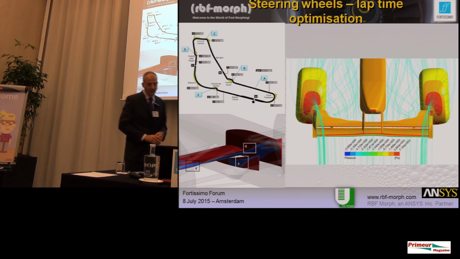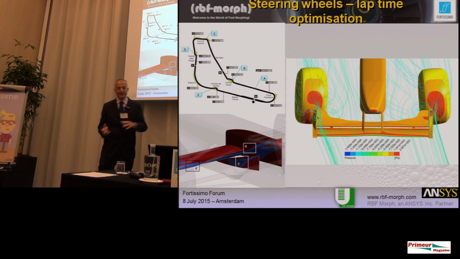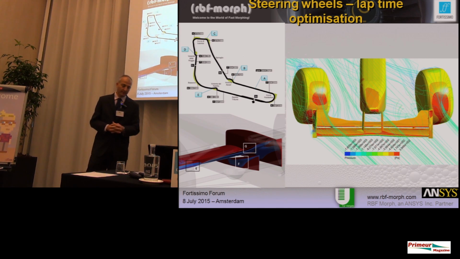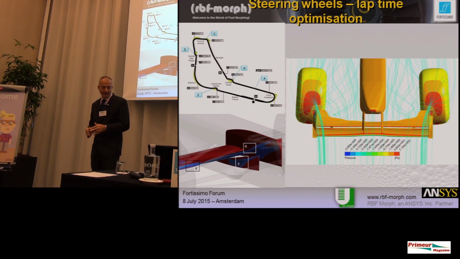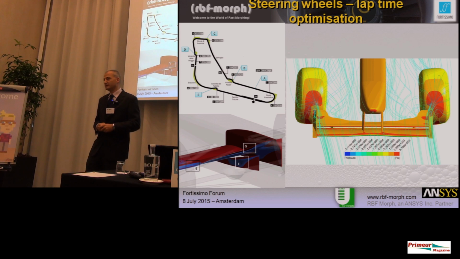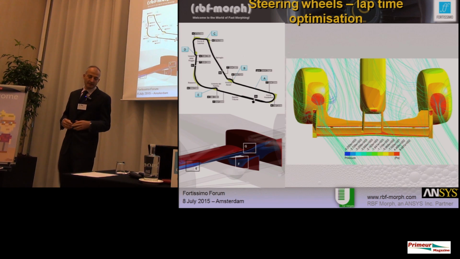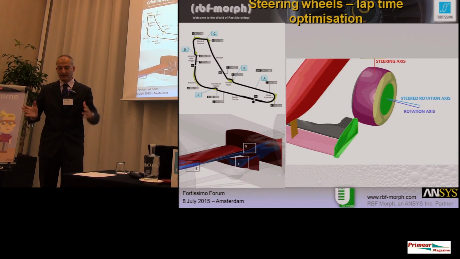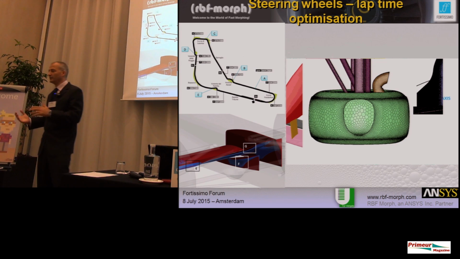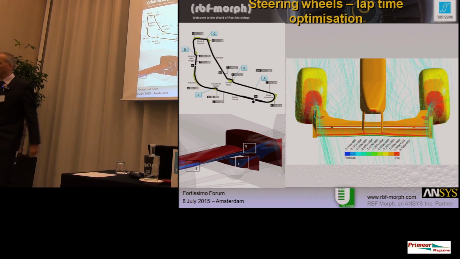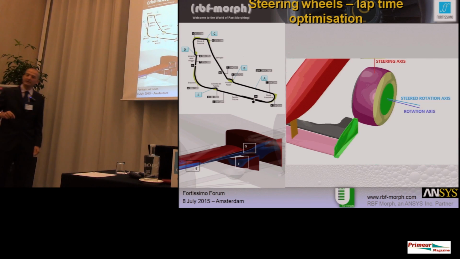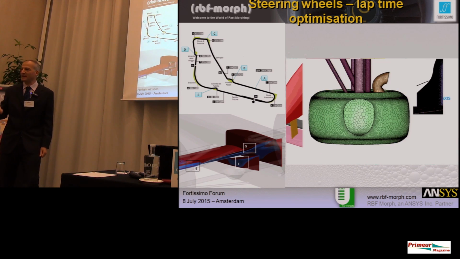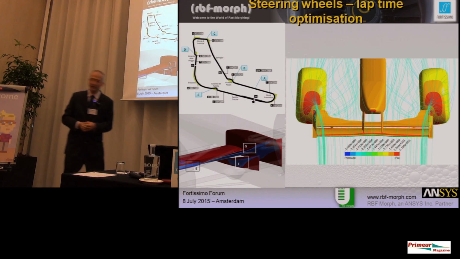This is an example of using a robust design and adjoint together in an optimization of a Formula 1 front end on the Monza circuit. So many simulations are run using different steering conditions and different flow conditions representing points on the track. And all the optimization is conducted together to minimize the lap time. That is what we want in racing.